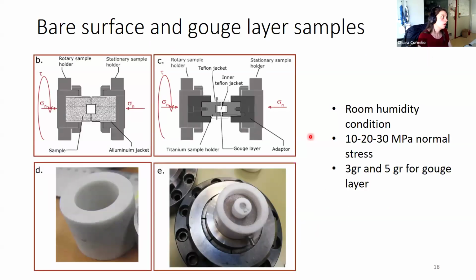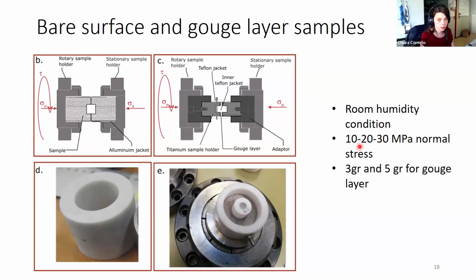To do that, what we have done is always use the rotary shear apparatus that is installed here in Rome, in INGV in Rome, SHIVA. And we performed an experiment on bare rock, and in this case, we are only talking about calcite material, and using gouge. In this case, the gouge layer should be here between these two Teflon rings.